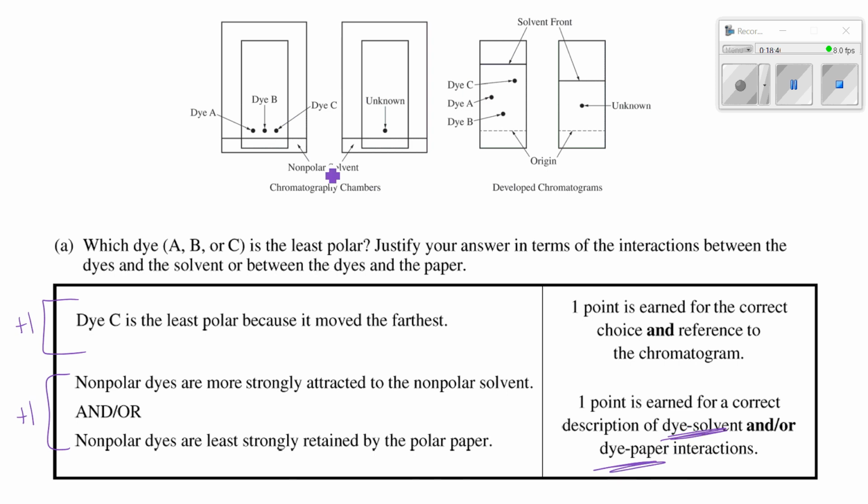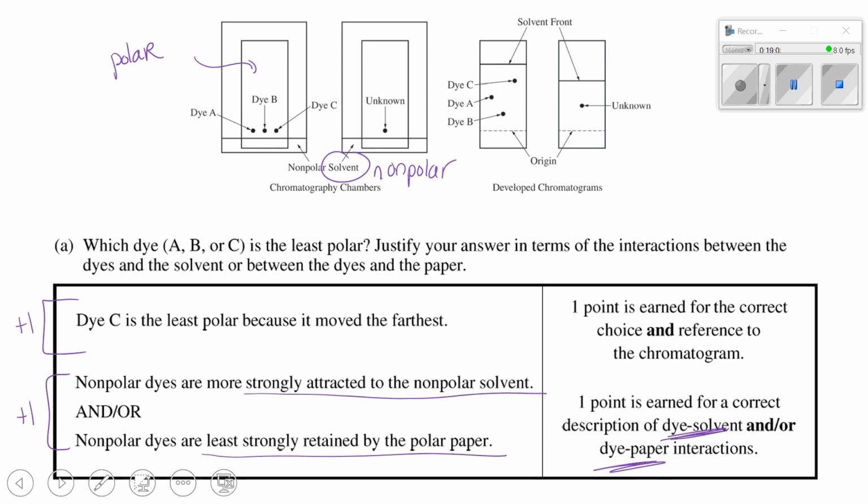So the solvent is nonpolar, and paper is polar. So dye C is the least polar because it moved the furthest, and you could either explain that by saying that it's more attracted to the nonpolar solvent, or you could say it's less attracted to the polar paper. And you could do either or on that option there.